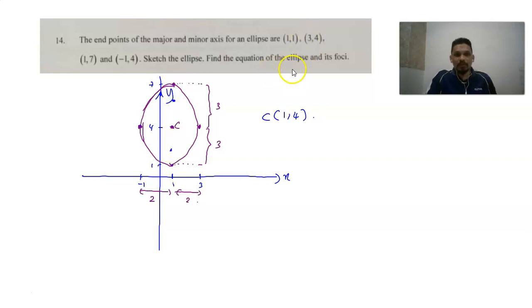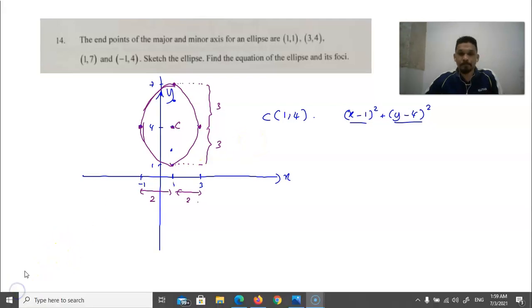Find the equation of this ellipse and its foci. So, (x minus 1) squared divided by something plus (y minus 4) squared divided by something. Because it's a vertical axis, y will be the major one.